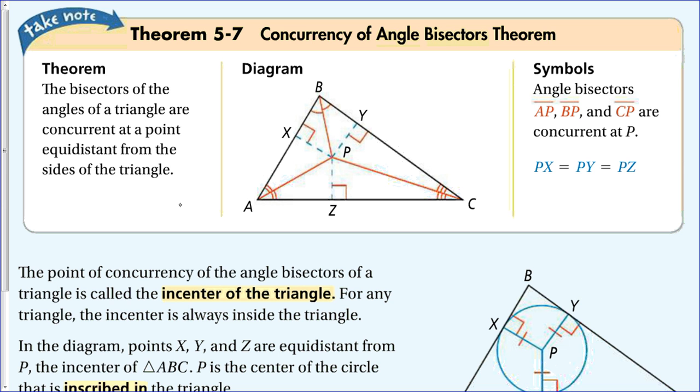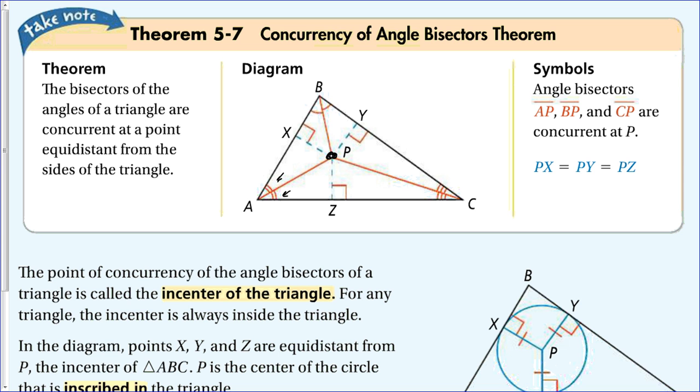Now, you also have the concurrency of the angle bisectors. The point where the angle bisectors meet, which in this diagram is P, and you can tell they are angle bisectors because both of these angles are congruent, both of these, and both of these. This is called the incenter of the triangle, where the angle bisectors meet.